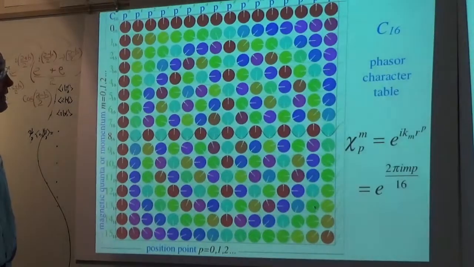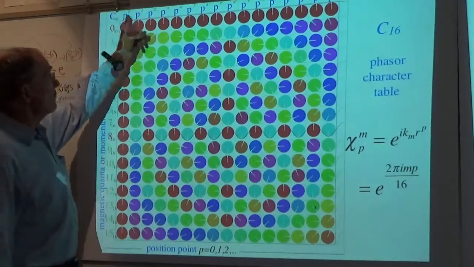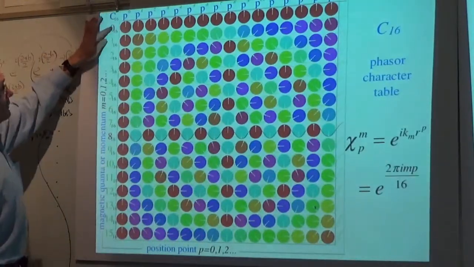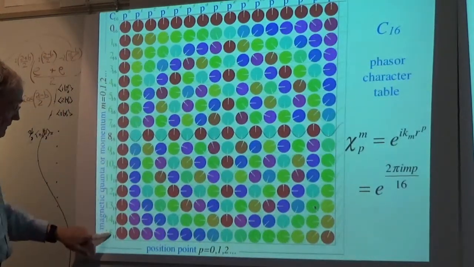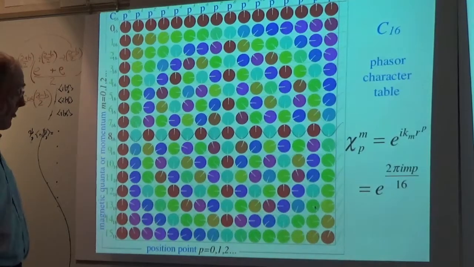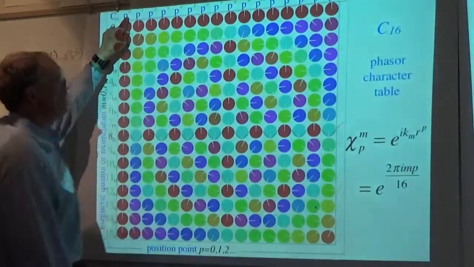Here's 16, blown up so you can really see it. Power 0 through 16 versus magnetic quantum number modulo 16, 0 through 15. I shouldn't have said 16 up because the 16th power is the 0th power up there.